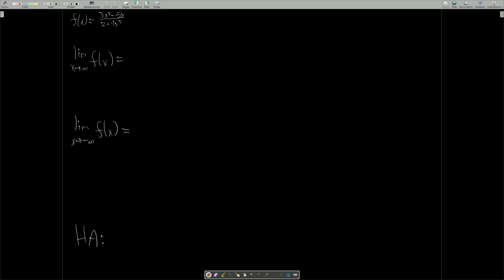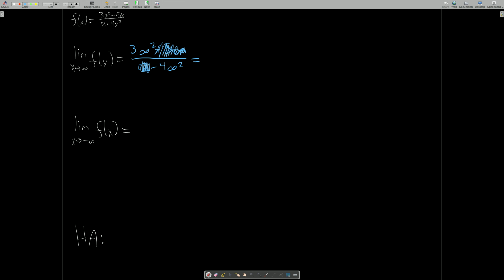Here's another method to use. If you don't like using little tricks, you can just try to plug in infinity. Now, of course, this isn't mathematically correct, but this is just for a demonstration, right? Again, this negative 5 infinity has absolutely no effect on this 3 infinity squared, it means basically nothing. Same thing with this 2.